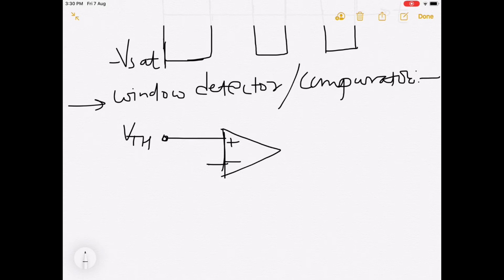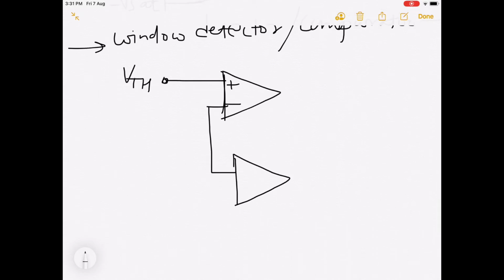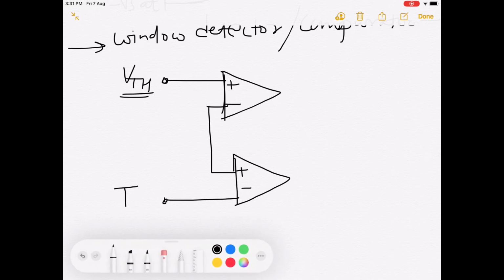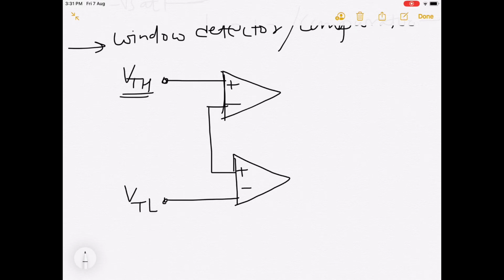And at the negative sign we will connect another op-amp with plus minus like this. Here Vth, that is upper threshold level, will be applied at inverting terminal, and other op amp is having lower threshold voltage.